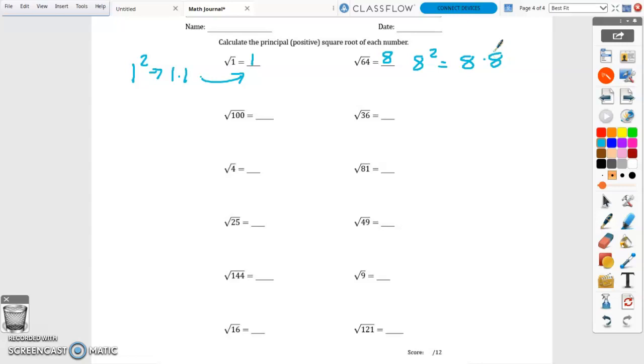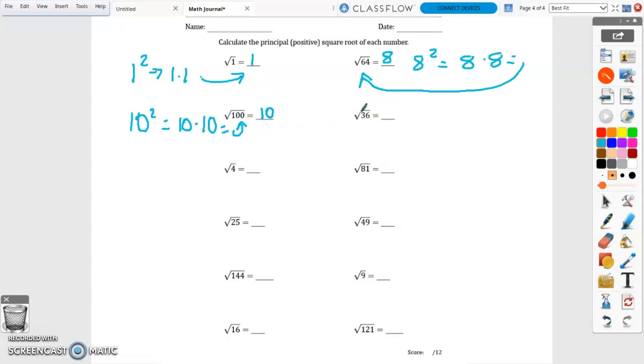So 8, 16, 24, 32, 40, 48, 56, 64. Now, we have 100. What is the square root of 100? 10. As I said, 10 squared is equal to 10 times 10, which is equal to 100.